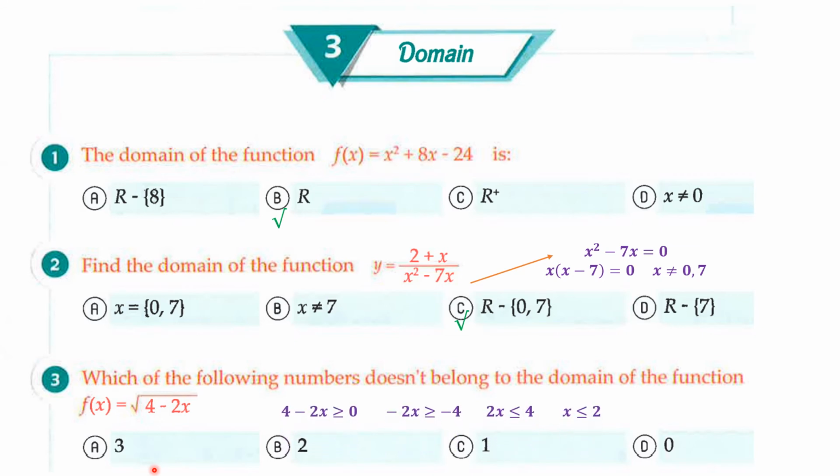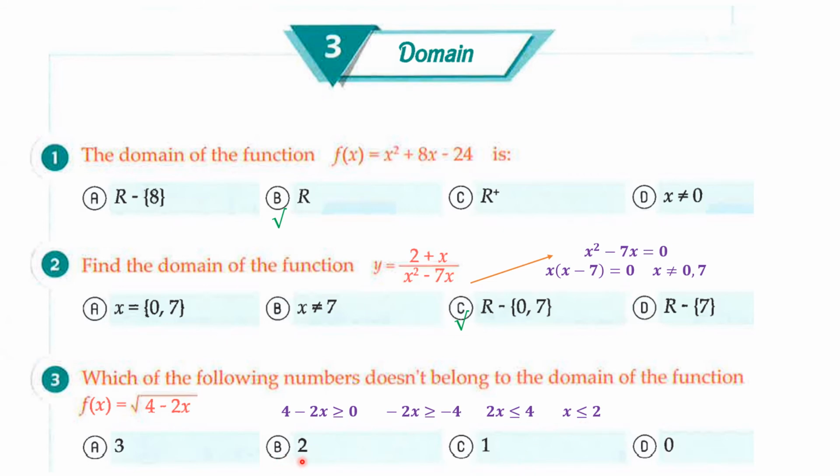The steps are: take the number under the root and set it greater than or equal to 0 because, as I said, this is a numerator and there's no problem, root of 0 is 0. So we will include 0 and then solve it. You're going to end up with x. Remember when you multiply by a negative number to flip the inequality sign. So x is less than or equal to 2.